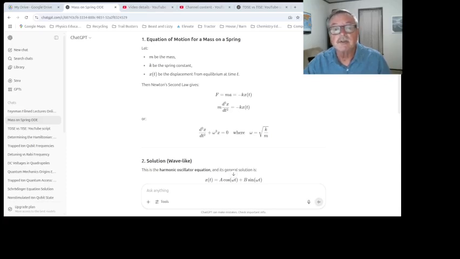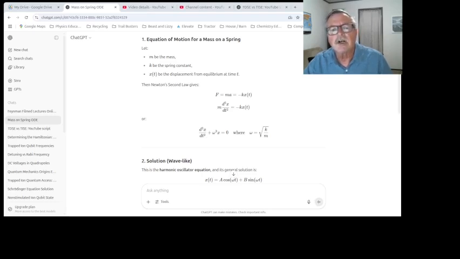Spring constant. The larger the spring constant, the stiffer the spring. And remember, we're using a spring now, but later on we're going to forget about the spring, and we're going to forget about a regular mass, but we're going to talk about an ion. So it's going to be really small stuff, and this is going to change a little bit.